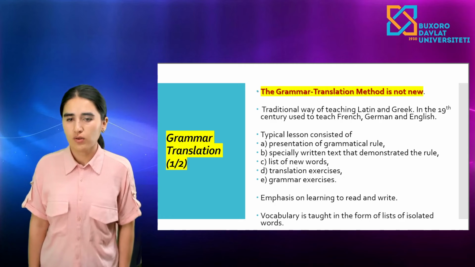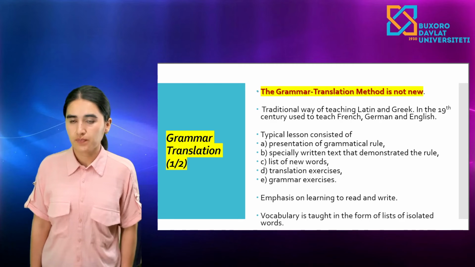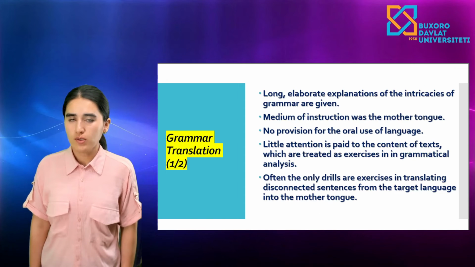There is an emphasis on learning to read and write, and vocabulary is taught in the form of lists of isolated words. Also, long, elaborate explanations of the intricacies of grammar are given. Grammar rules are explained by the teachers, and the teacher has the main role in the classroom.